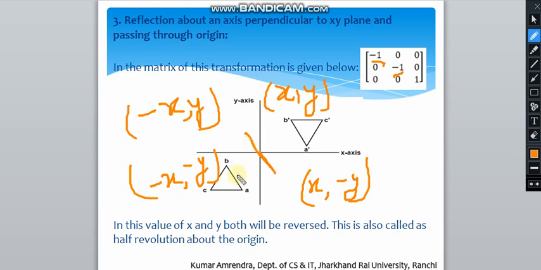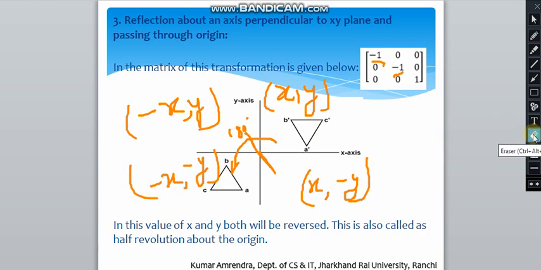The image will be in the third quadrant, and we know that in the third quadrant all the x values and the y values are negative. So the values of x and y both will be reversed, and this is called a half revolution about the origin. Now why is this a half revolution? Because we know that it is revolving around 180 degrees. This is not 360 degrees, this is only 180 degrees, so it is known as a half revolution.